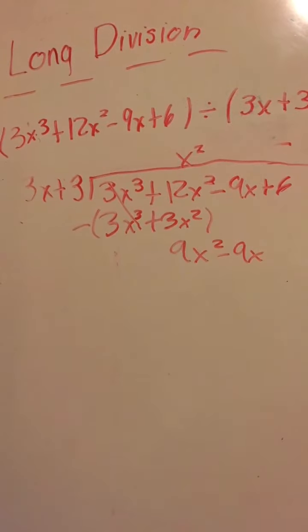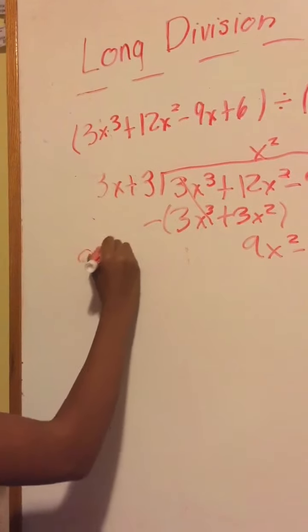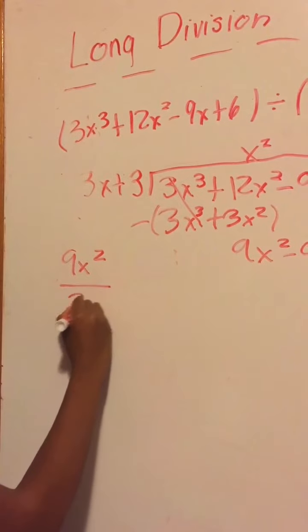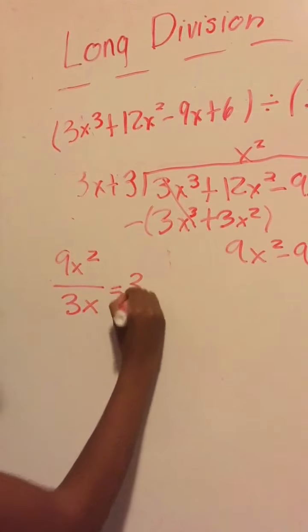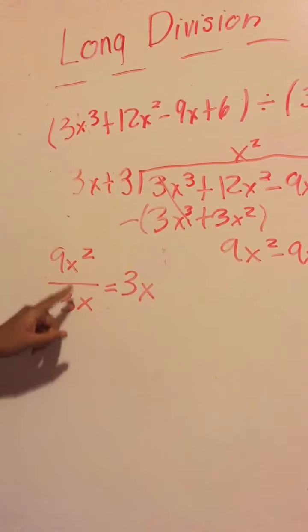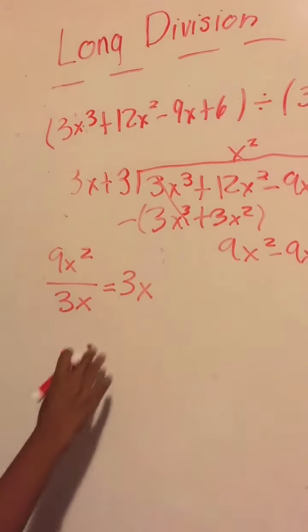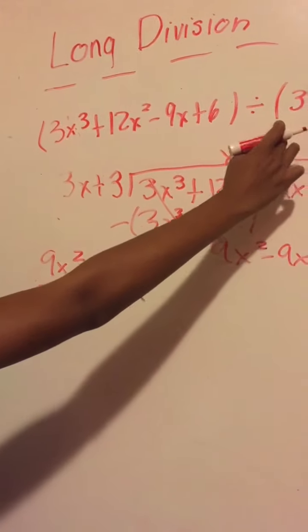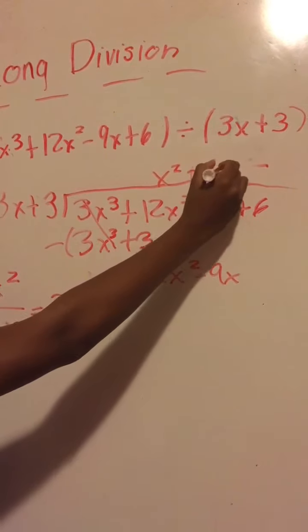Then you want to do the same thing that you did with your 3x cubed. So that's 9x squared divided by 3x, and that gets you 3x, because the x squared divided by x gets you just x, and you put that on top of the 9x, so that's plus 3x.